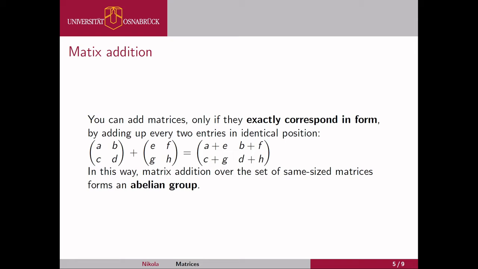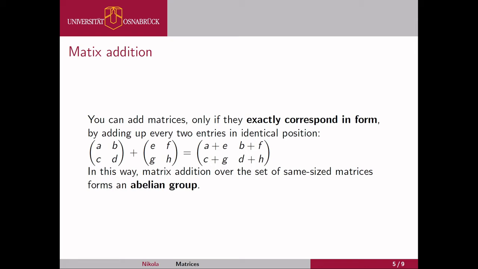We have this matrix, which consists of multiple entries, and every entry individually is an element of a field. So the question is now, taking a matrix as a mathematical object, as an element of the set of matrices, we can ask, can we add?